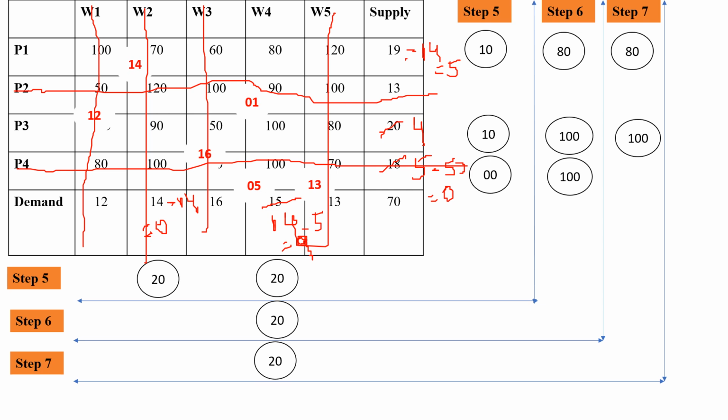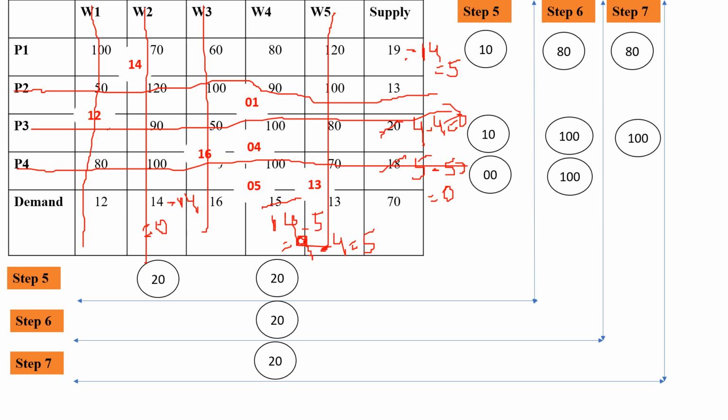Here supply is 4, demand is 9, so the maximum you can apply is 4 units. Then you reduce 4 minus 4 equal to 0, and 9 minus 4 equal to 5. Then you delete the P3 row as well.